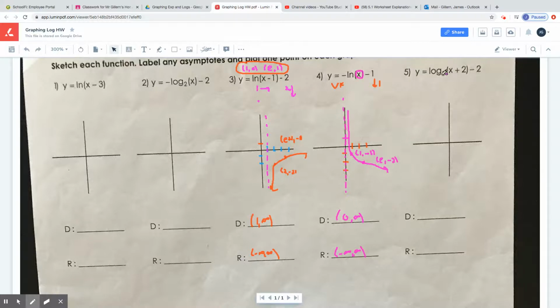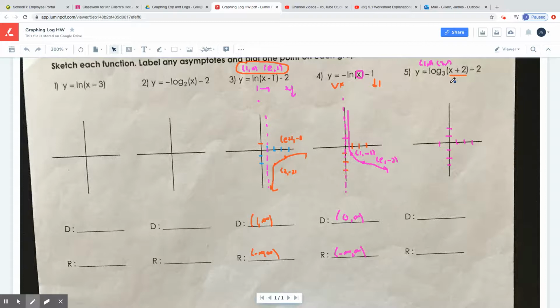Now we have log base 3. So this means our points we're starting with are 1, 0 and 3, 1. Now for this one, we have something going on here, so set that equal to 0.